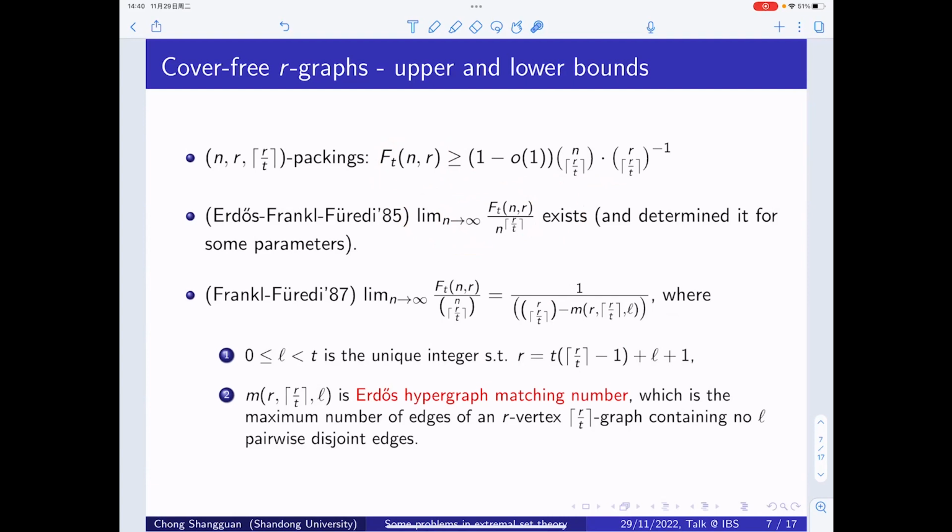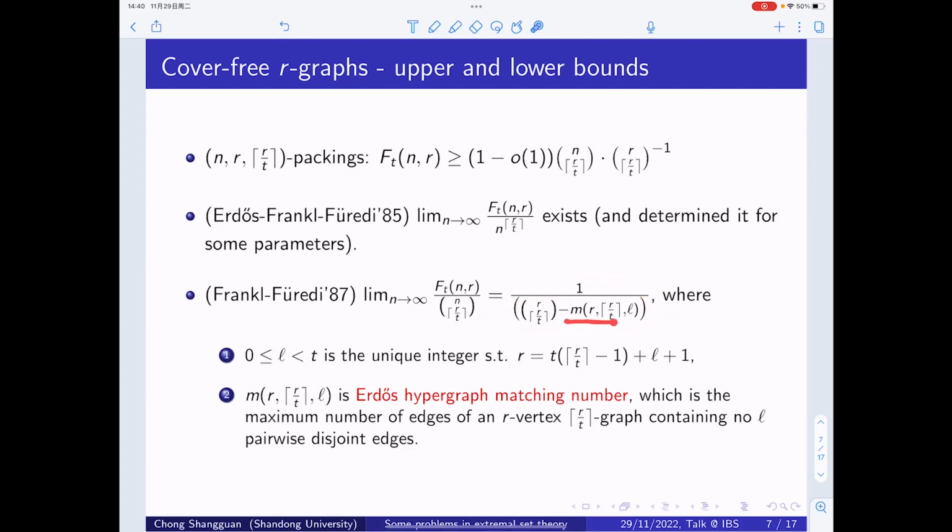So 2 years later, Frankl and Füredi determined such a limit in full generality. So they show that the limit equals this number. Let us have a look at the denominator of this number.